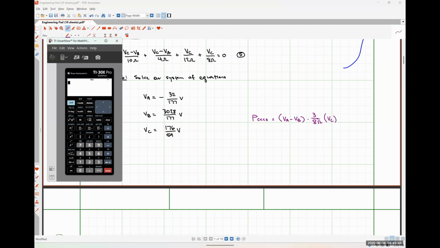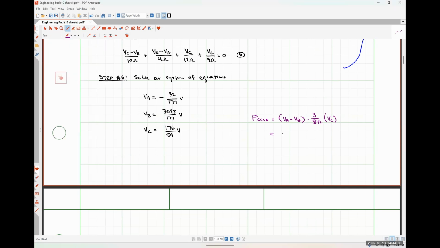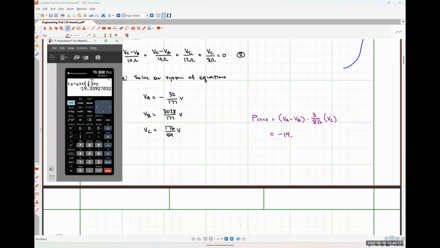I should be able to just do whatever is stored in my calculator as X minus whatever is stored as Y, which is my second variable, times 3 over 8 multiplied by VC, my third variable, so that's Z. And I get my power to be, goodness, negative 19 point something, 339 watts.